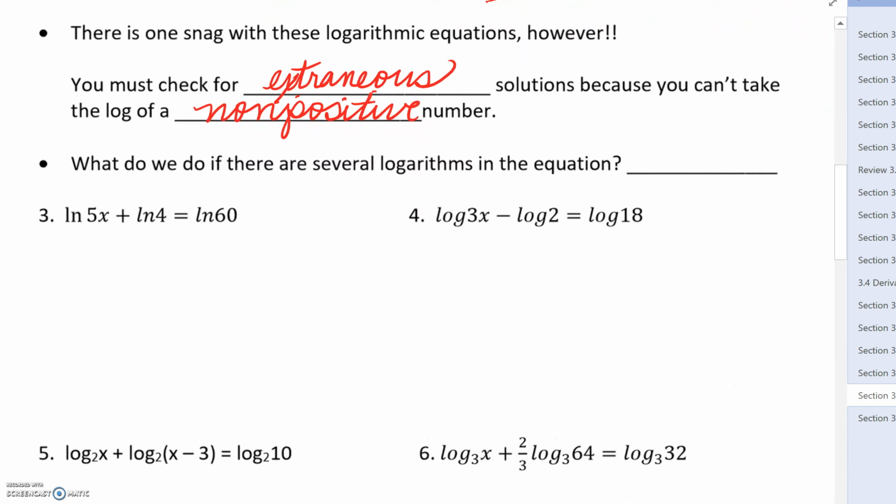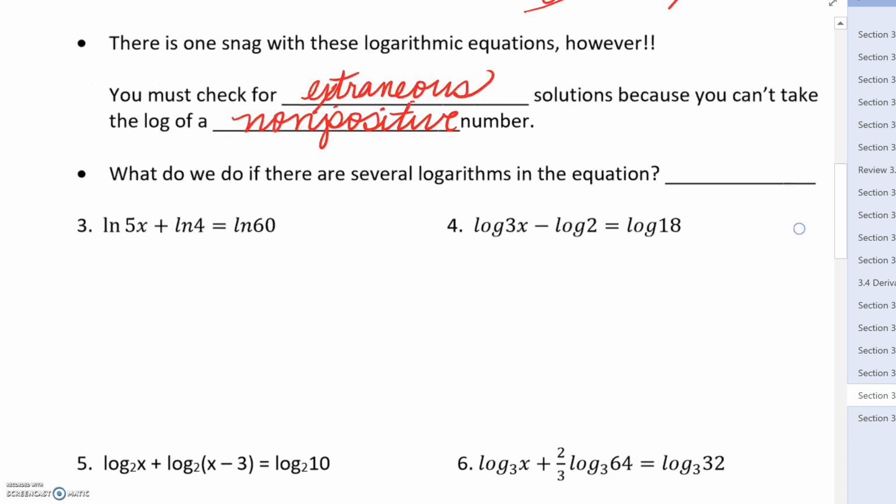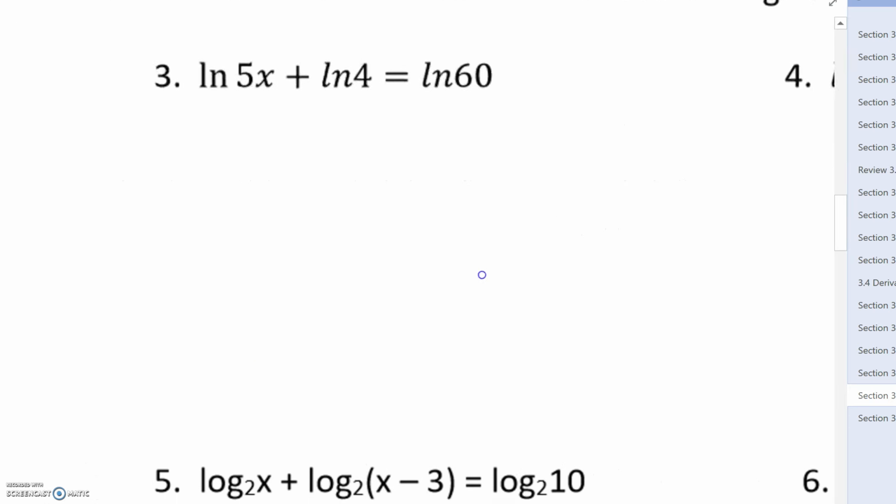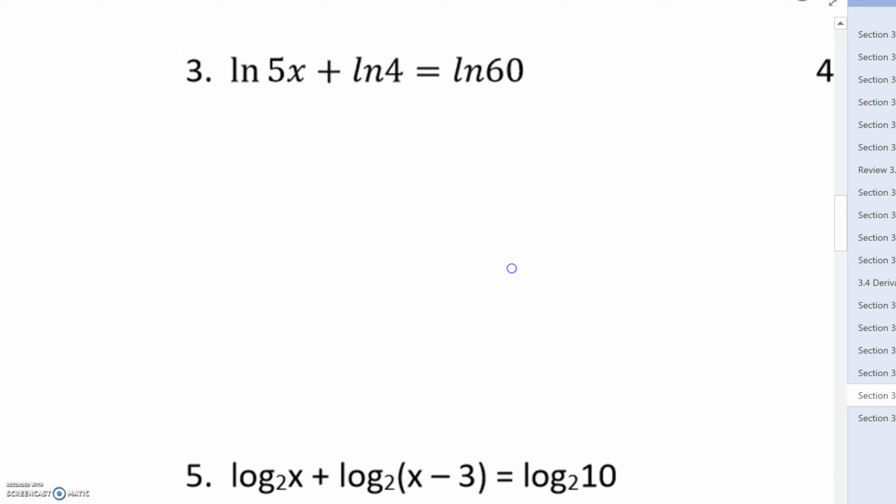Now down here at the bottom, we have some in which we have several logs. So I have log, log, log, and as you can see, I've got that in each one of these. When that happens, you first have to condense using the log properties. Usually you're going to use the product or quotient property, and sometimes you may also have to use the exponent or the power property.